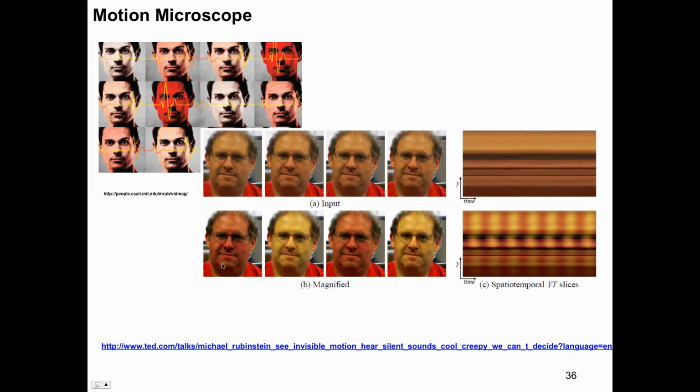But this imaging mechanism, you can look at this video, it's kind of cool. Basically it knows when the heart is beating based upon the color that's given off as it senses the slight movement of the skin.